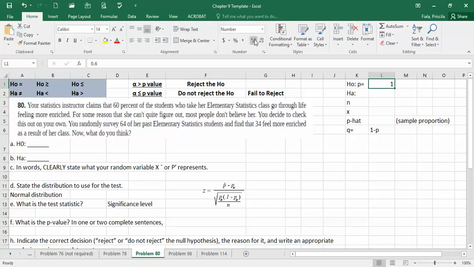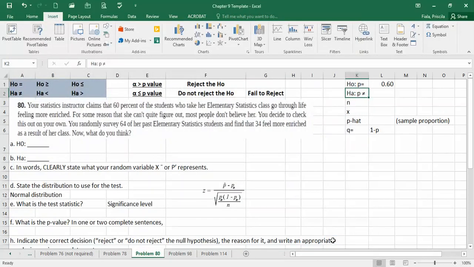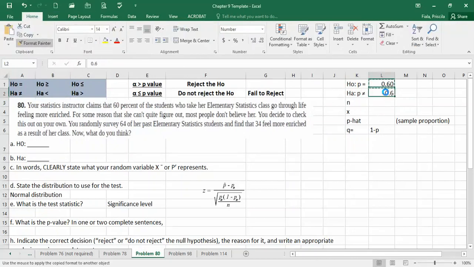Therefore, my null hypothesis: my proportion is equal to 60. For my alternative hypothesis, which you should be used to by now, it's going to be different than 60.